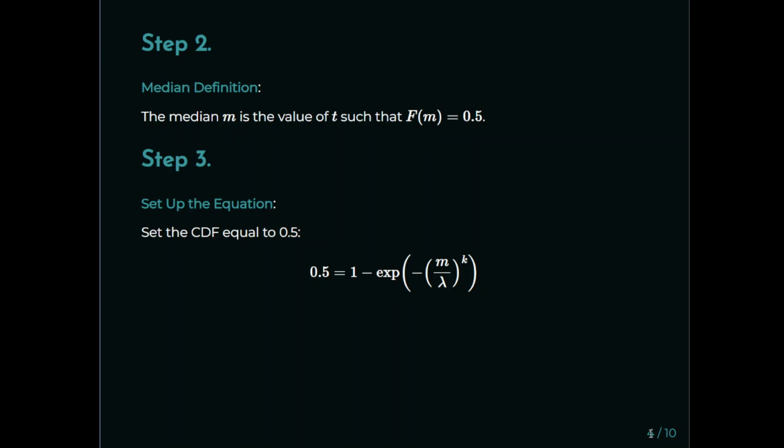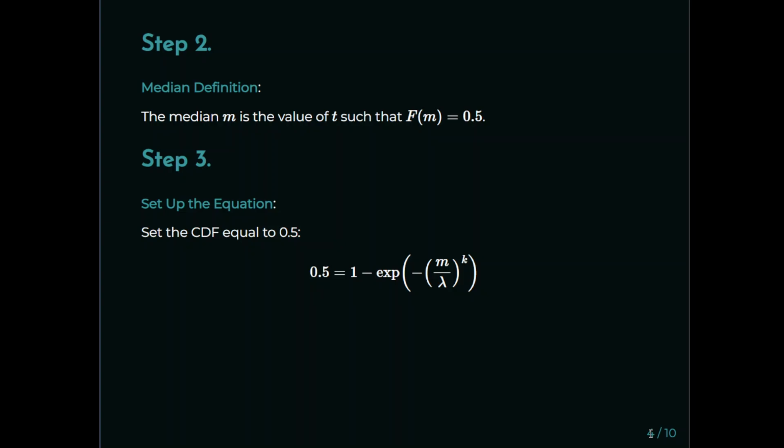So we have 0.5 equals 1 minus the exponential of minus m divided by lambda, to the power of k. Again, just watch the brackets there. The power of k refers specifically to the fraction m divided by lambda, and after the fact, we get the negative of that.